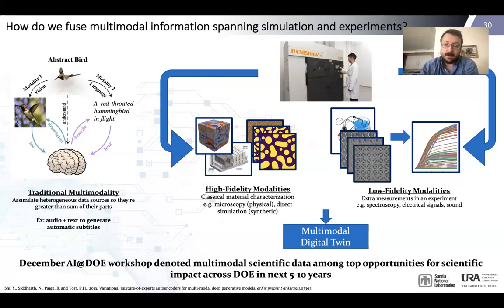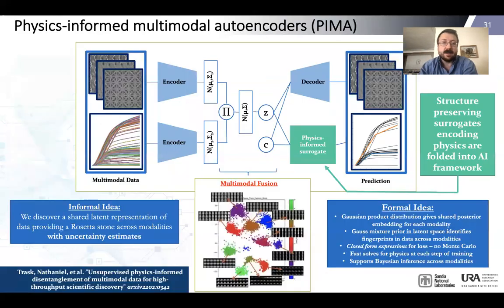And so just last December, there was an AI at DOE workshop that said this type of multimodal scientific machine learning is one of the most promising directions within DOE for the next decade. And so what we do here is we integrate all of these different modalities in this autoencoder kind of framework and encode them into a latent space so that they share a single common representation, which we model through a Gaussian mixture model, right?